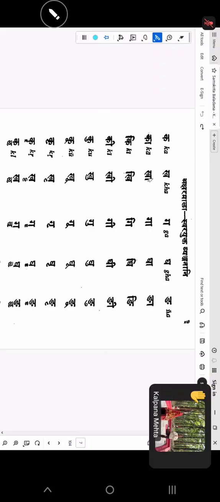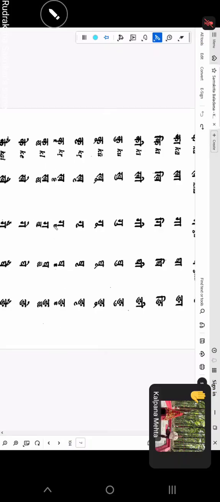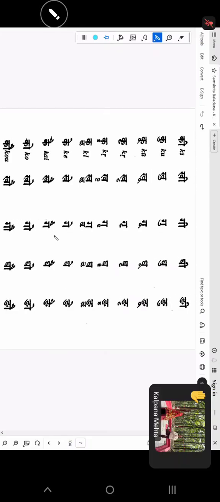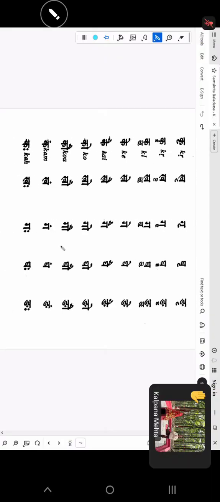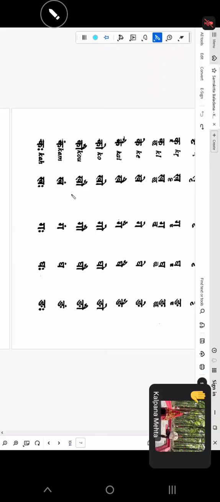Kha, ki, ku, kru, kru, ke, kai, ko, khau, kham, khaha.